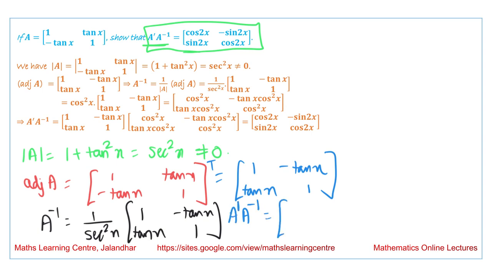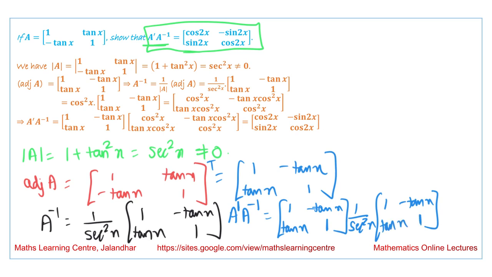So the value we obtain is equal to 1 minus tan x and 1, and we are multiplying it with 1 over secant square x, 1 minus tan x and 1. 1 over secant square x will become cos square x.